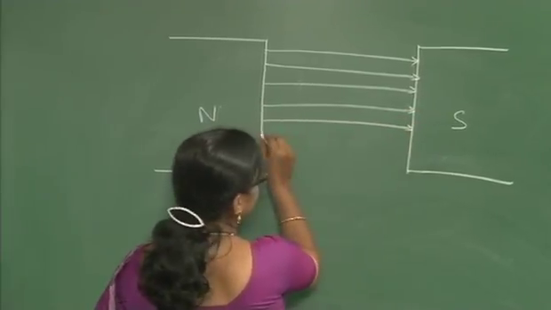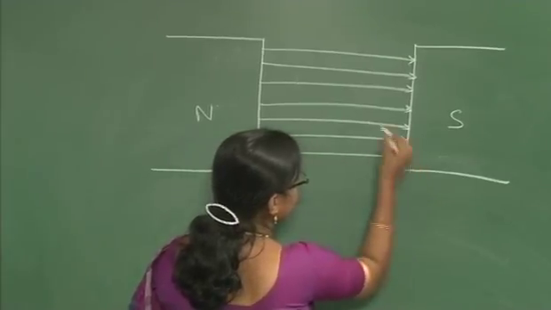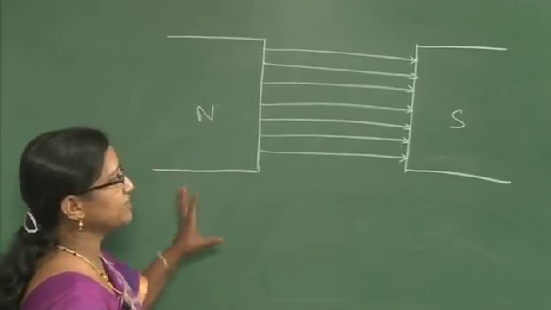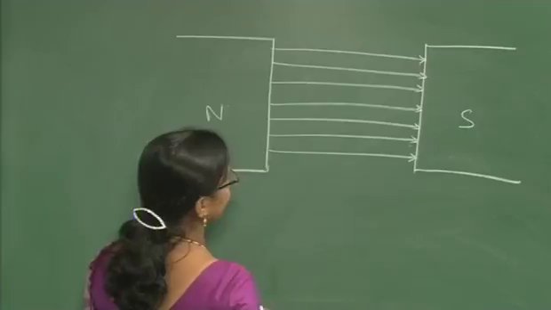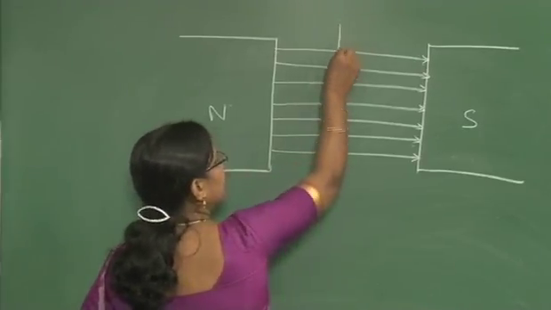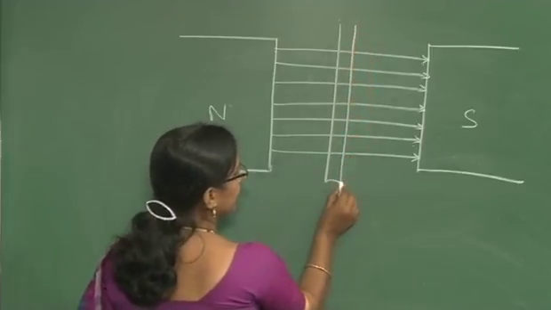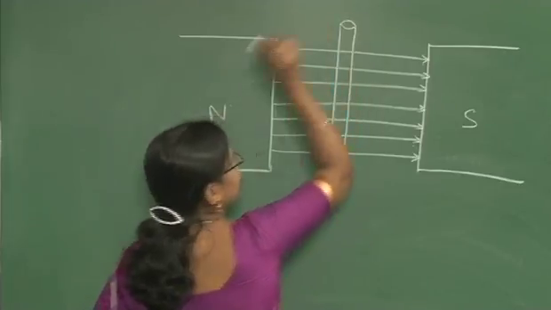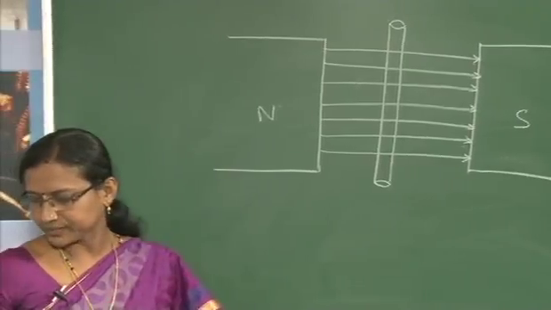Since it is a DC machine, we can use a DC source to produce this magnetic field. Here I consider this conductor rotating in the magnetic field, because the EMF will be induced whenever there is a relative motion between the conductor and the magnetic field.